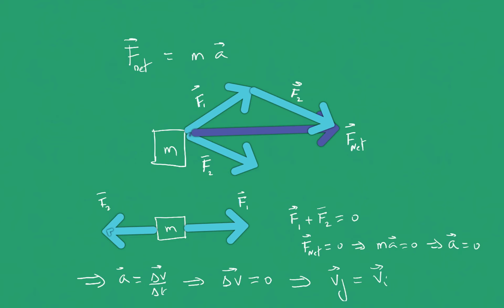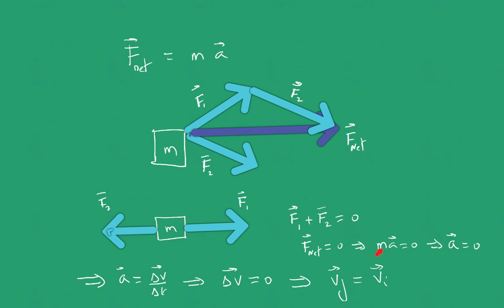So the conclusion is that when a total force of zero acts on a body of mass m, mass times acceleration equals zero.